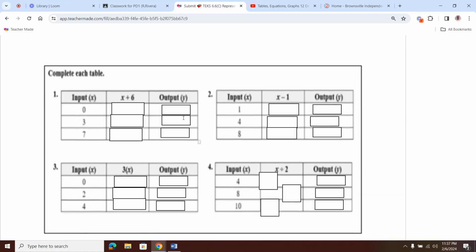Now, the first thing you're going to do is really simple, because some of you are having trouble with a rule.